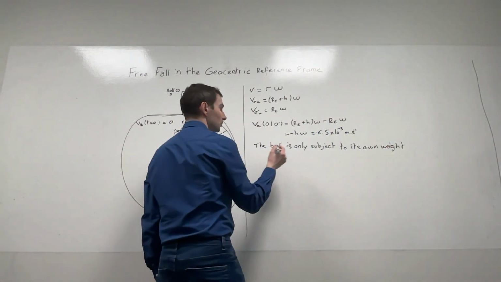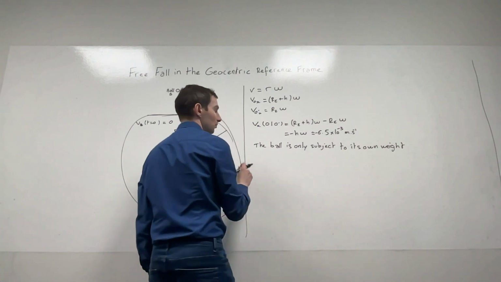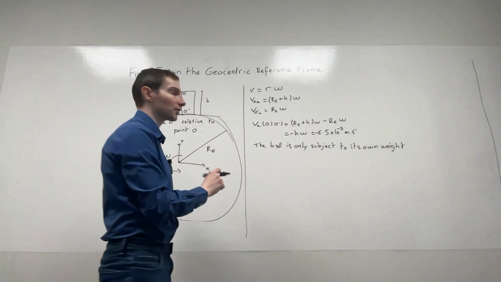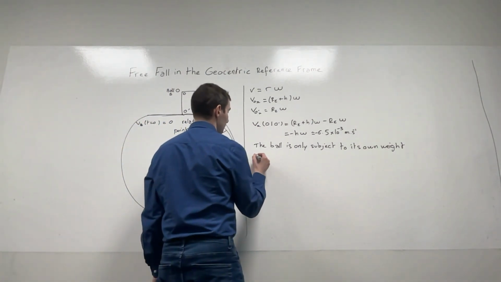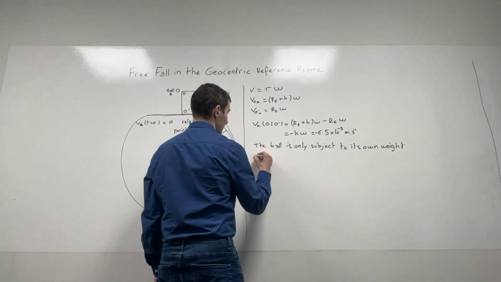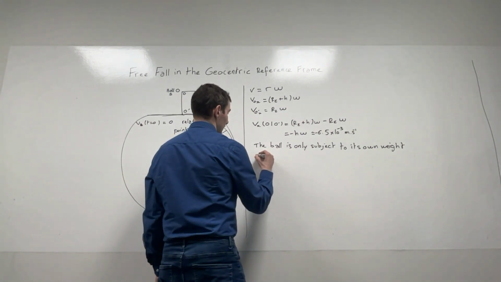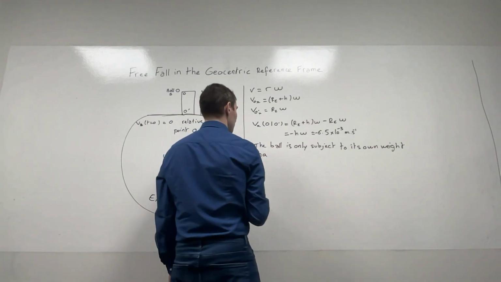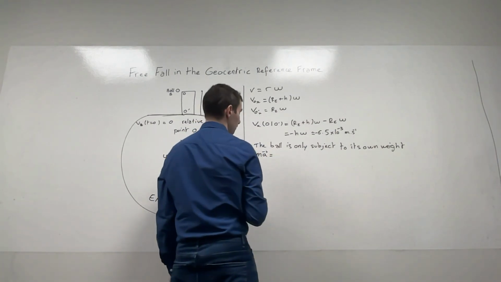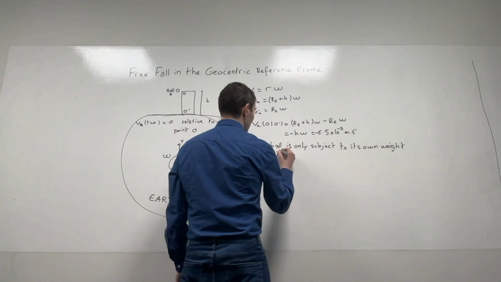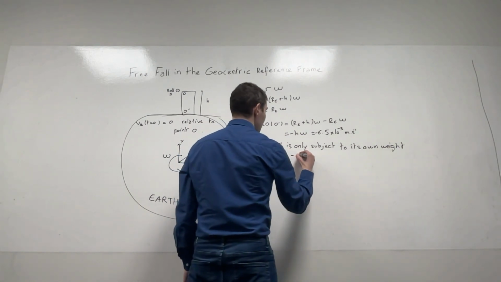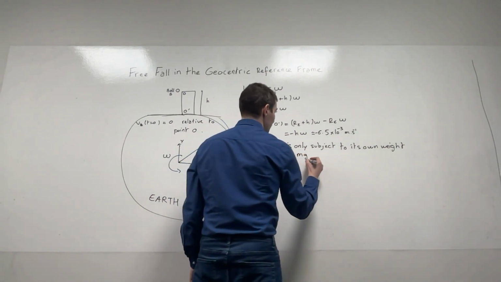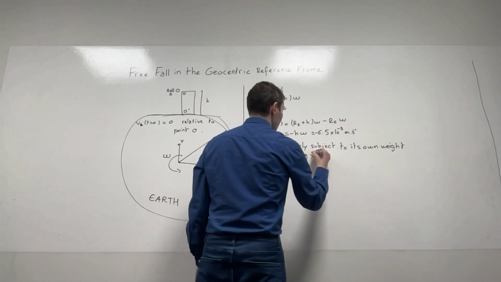Okay, so because the geocentric frame is inertial here, you're going to find something like this: ma is equal to F, and basically that's equal to minus mg in the y direction.